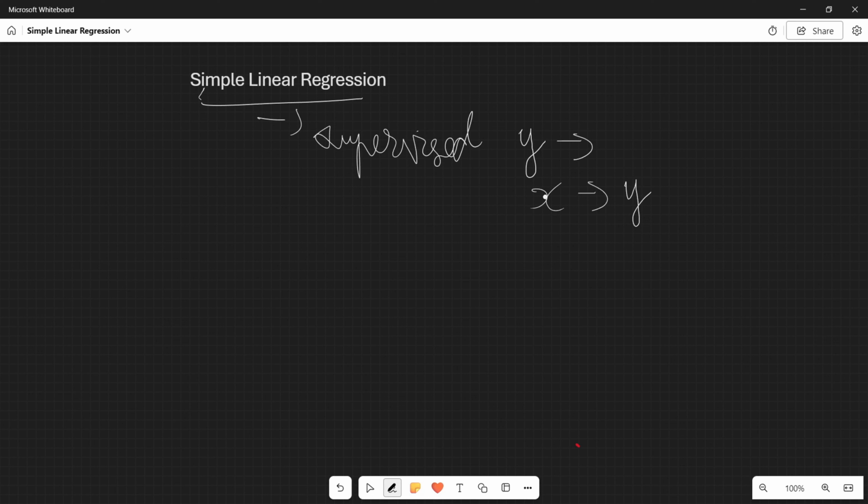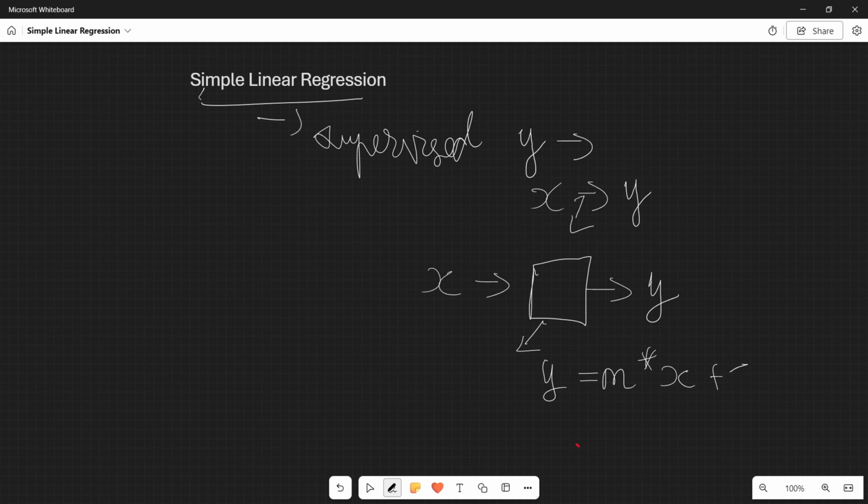The transformation of x, the independent feature, into the dependent feature y depends on some sort of mathematical model. That is, x moves into a mathematical model and it produces an output of y. This mathematical model can be written as y = m x + c.